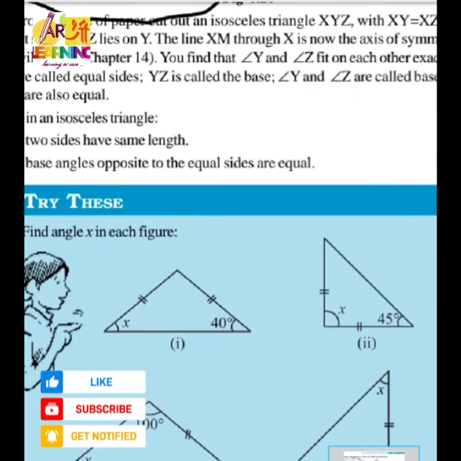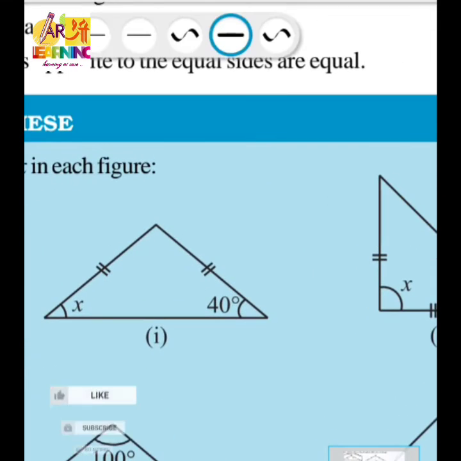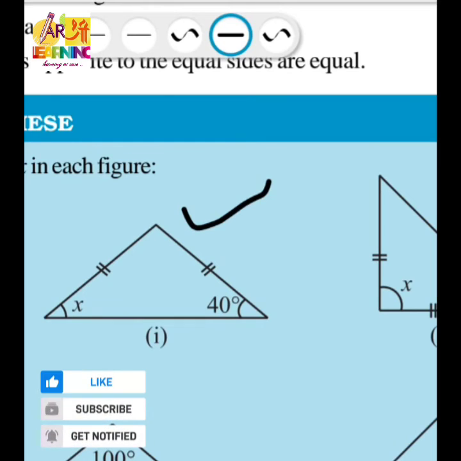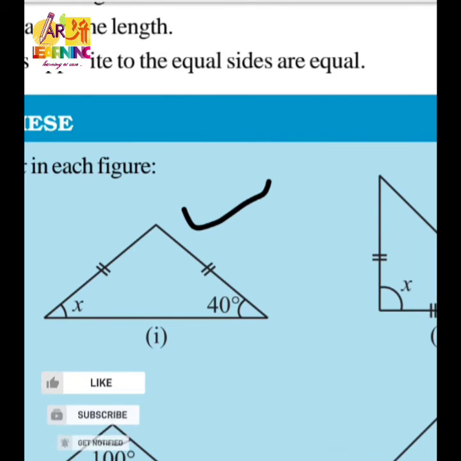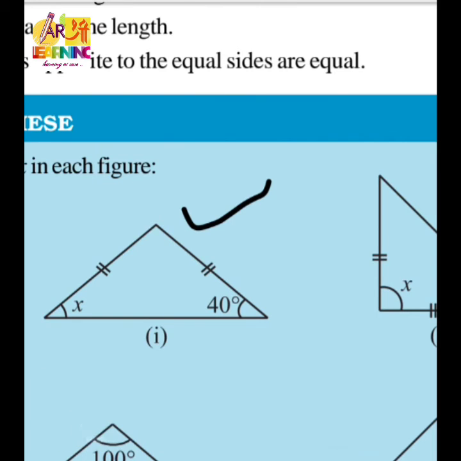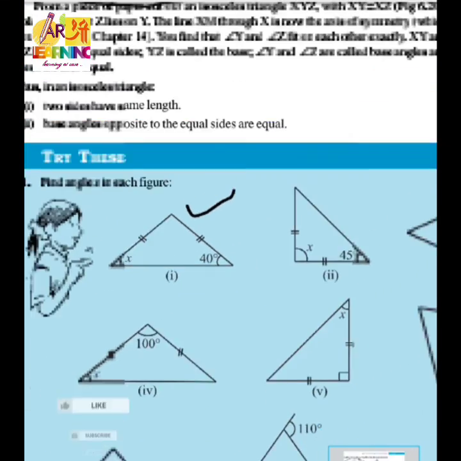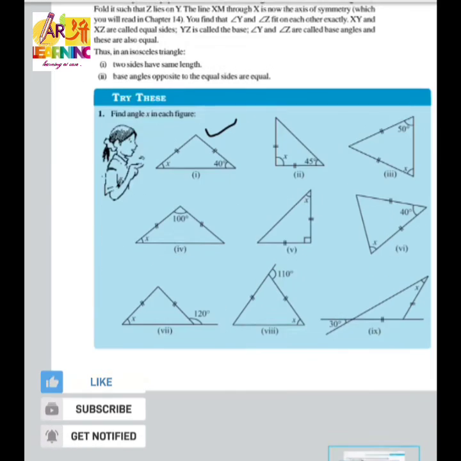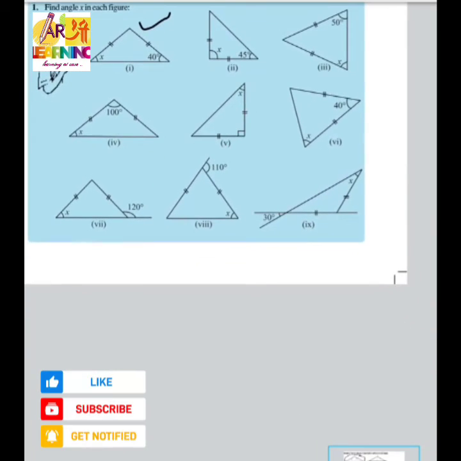Now coming to the first question which is given here. It is given there is a triangle in which one angle is shown 40, one angle is shown x, and there are two sides which are shown equal. Now how will you find the measurement of x?